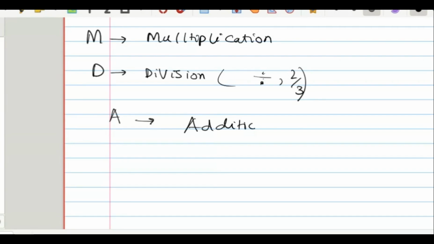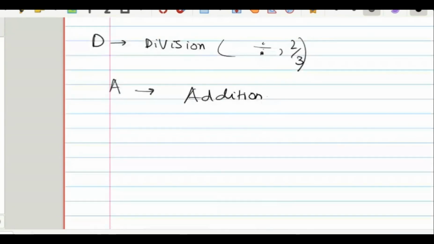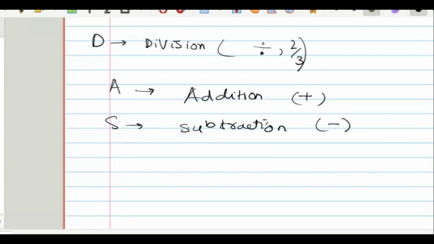It's just the abbreviation. A is for addition, and at the end we have S. S stands for subtraction. This sign is addition, and the minus sign, which we say in daily life, stands for subtraction.